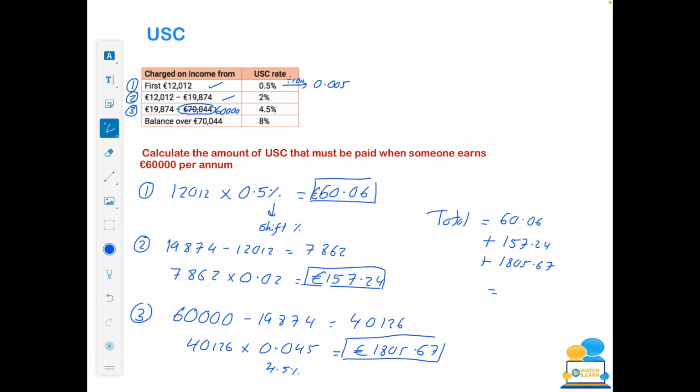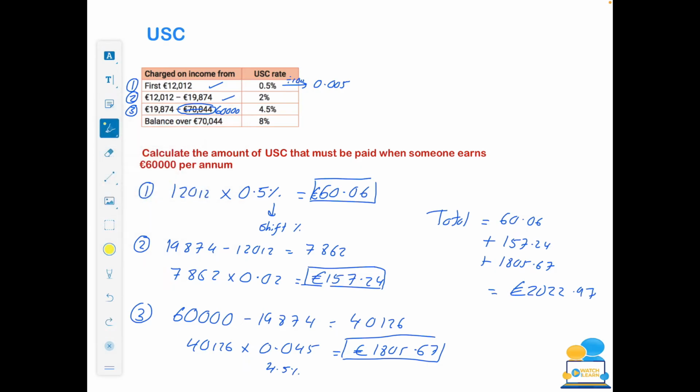So that will give me your total USC, which is 2,022.97.